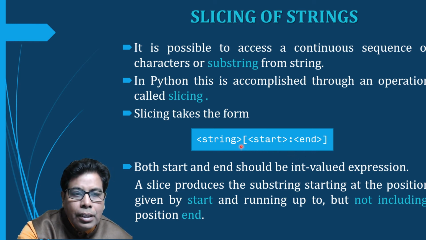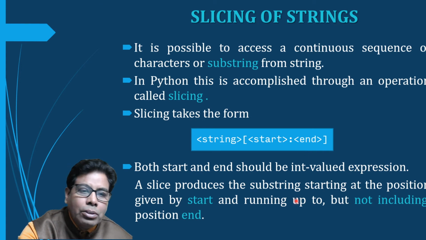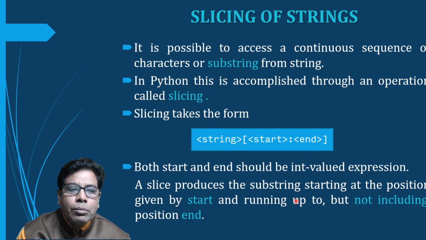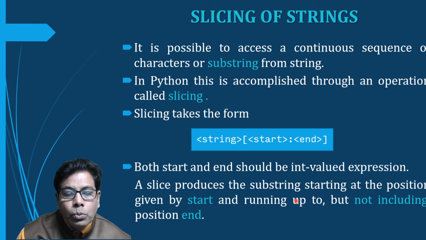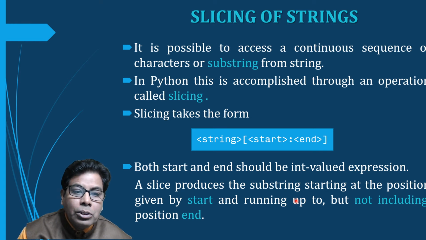So string, and then we put this in the subscript bracket. Both start and end should be integer valued expressions, and it will produce a substring starting at the position given by start and running up to, but not including, position end.